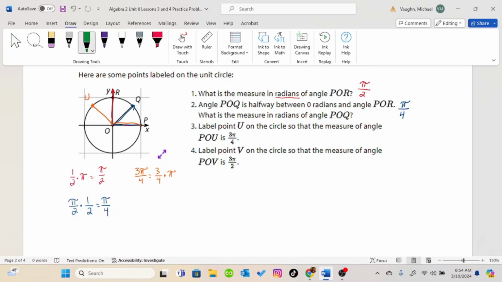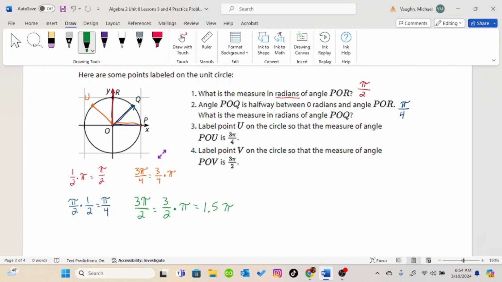And number 4, label point V on the circle so that the measure of angle POV is 3 pi over 2. So if we have 3 pi over 2, you can think of it as 3/2 times pi. And 3/2 can be thought of as 1.5 pi.